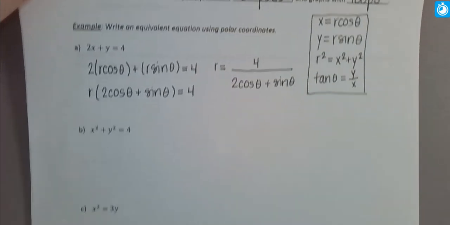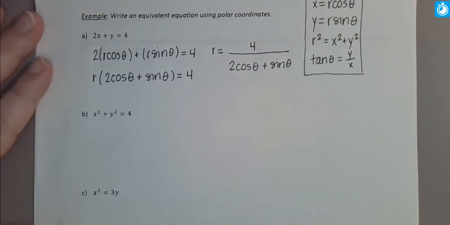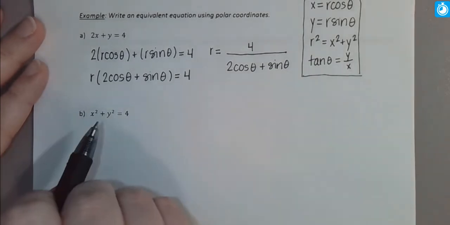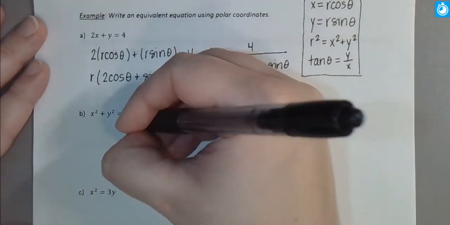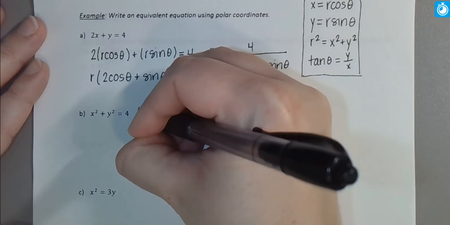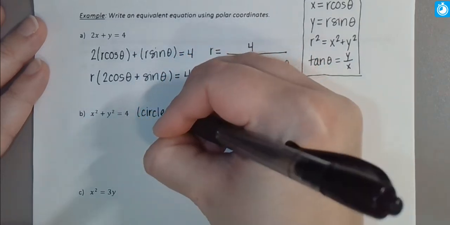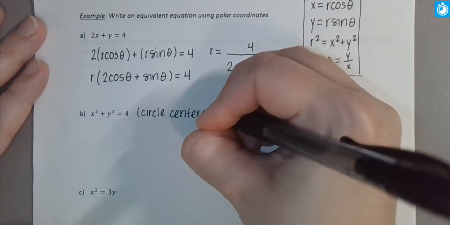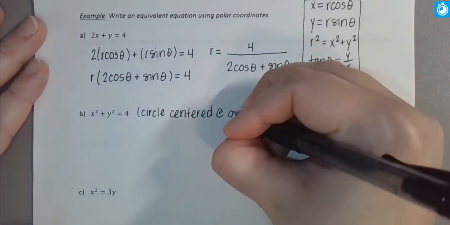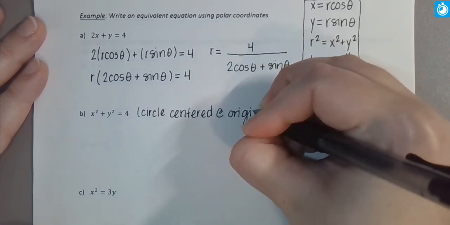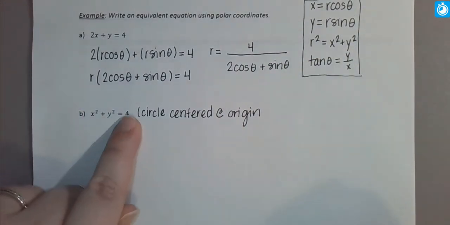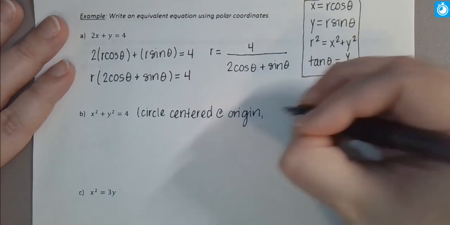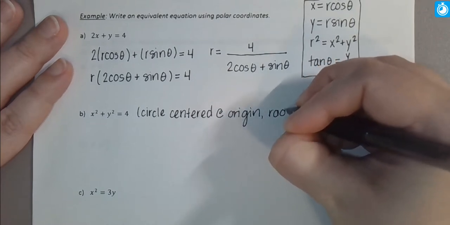So x squared plus y squared is equal to 4. What is this going to graph as? As it turns out, this is the equation of a circle centered at the origin, and specifically a circle with a radius of the square root of 4, which is 2.